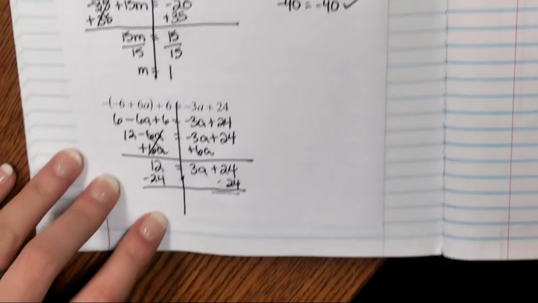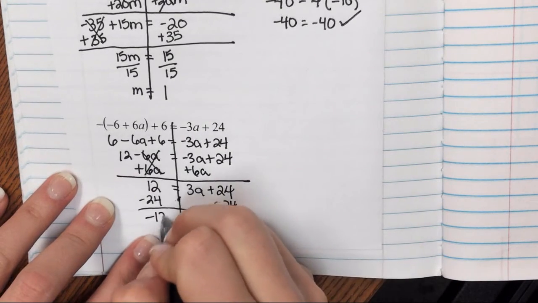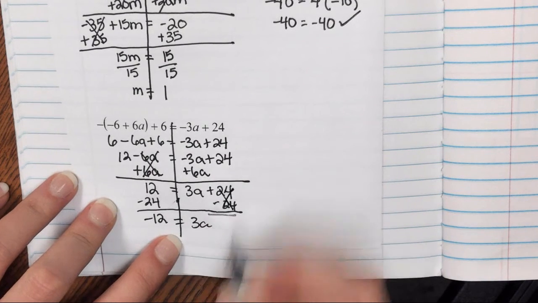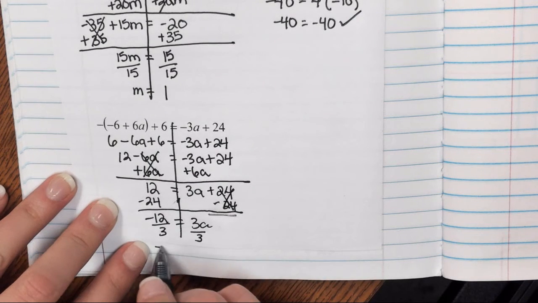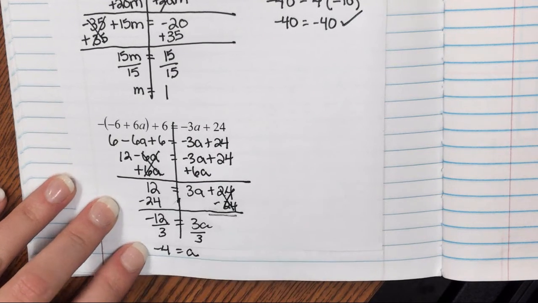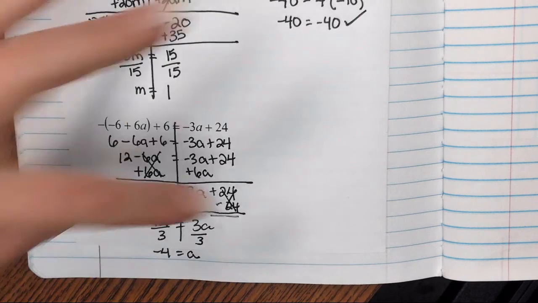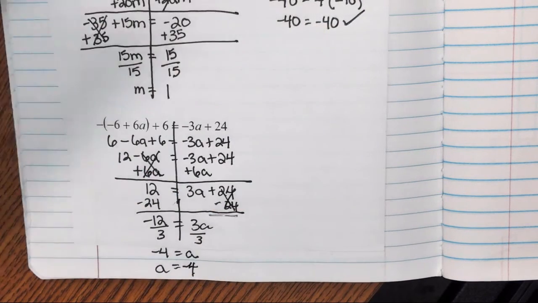That leaves me with 12 minus 24 is negative 12, equal to 3a. These two cancel. Divide both sides by 3. So I have negative 4 is equal to a. Division property of equality. Then I'm going to use the symmetric property to put my variable first. So a is equal to negative 4.